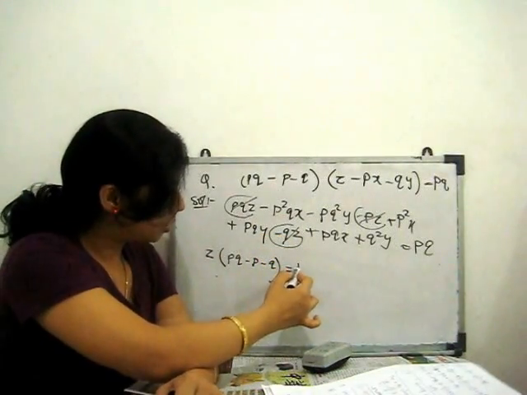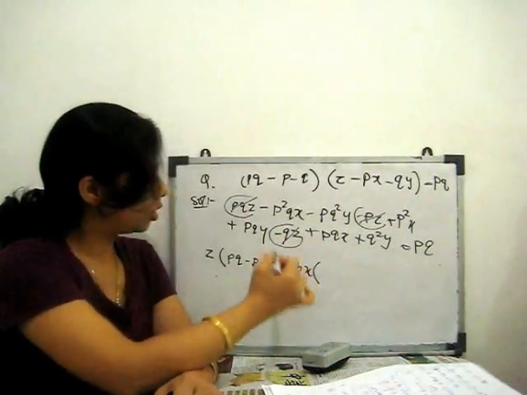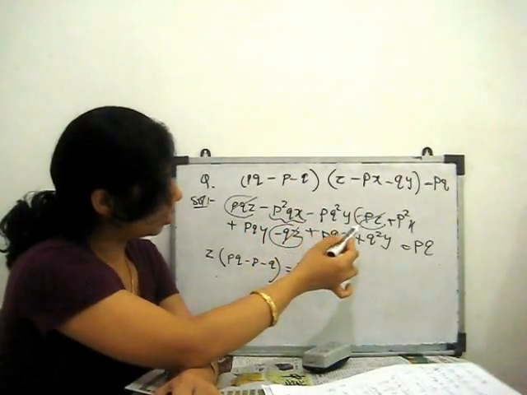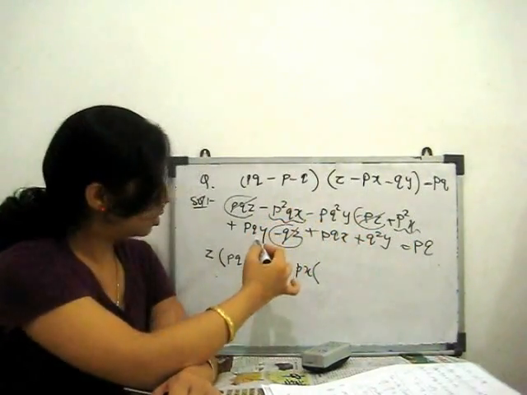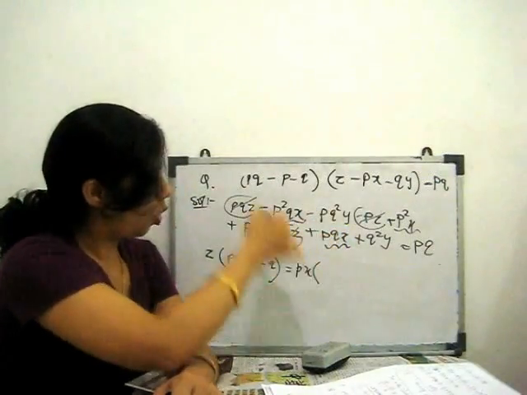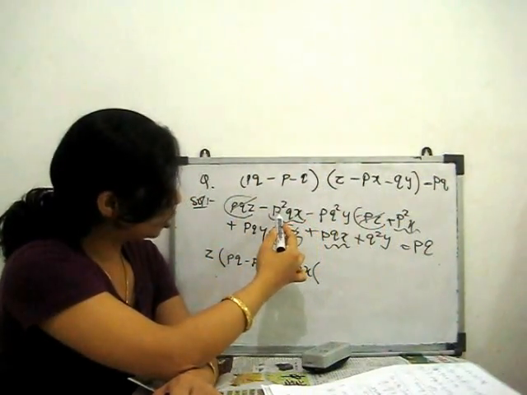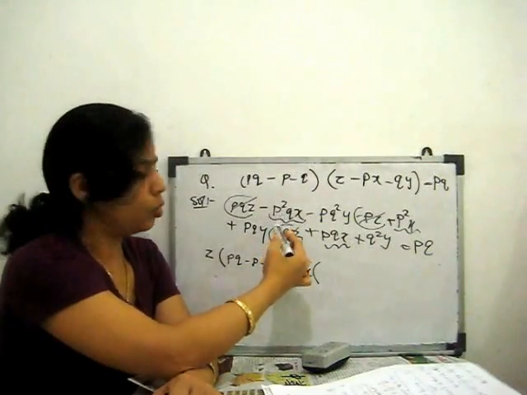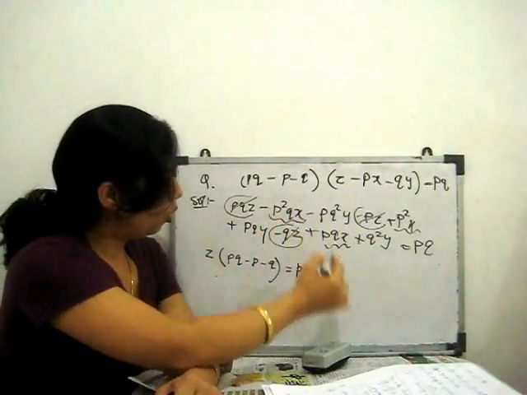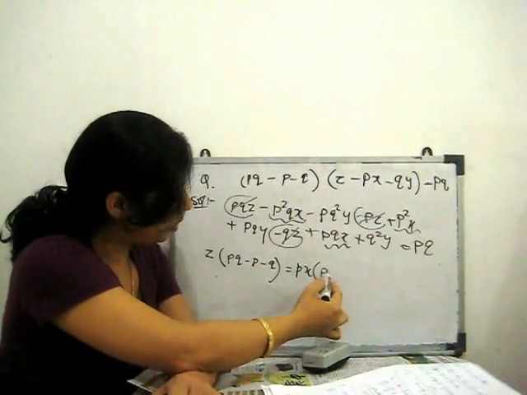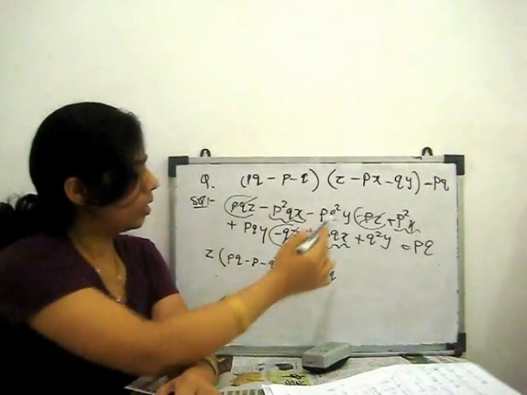Equal to, if px is common, px means now I discuss about x, x and x, all going this side. So this is minus p squared x, this side is plus. So if I take px outside, what is remaining? pq. Clear?